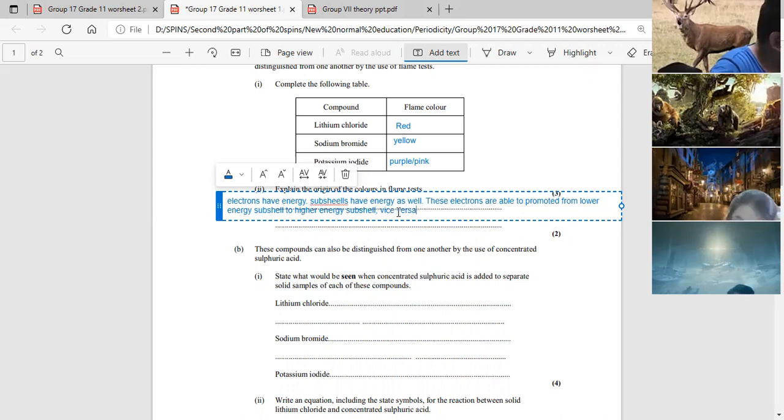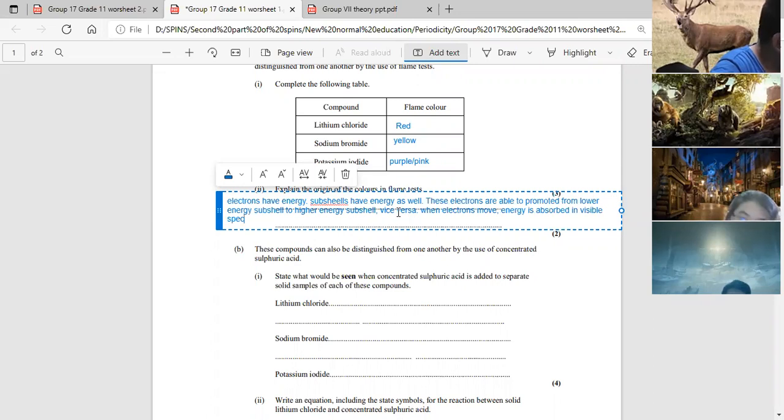When electrons move, energy is absorbed in the visible spectrum. Therefore, color is formed.